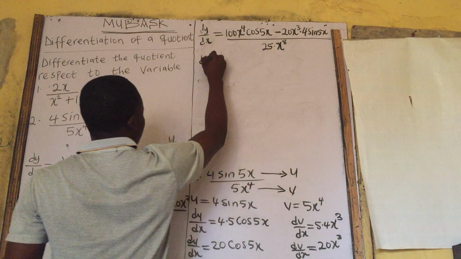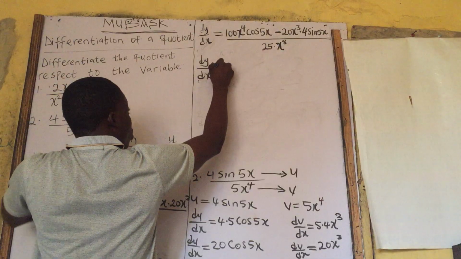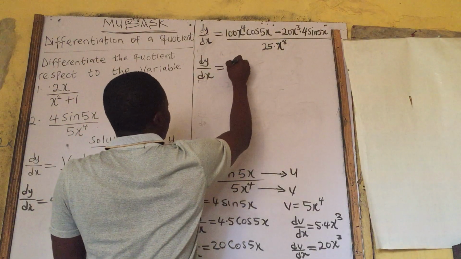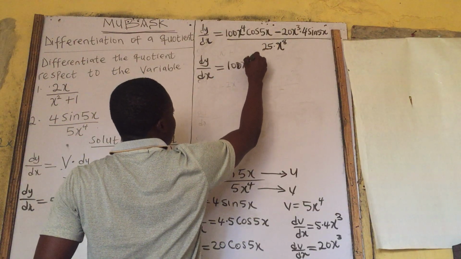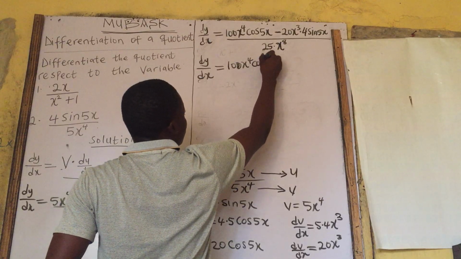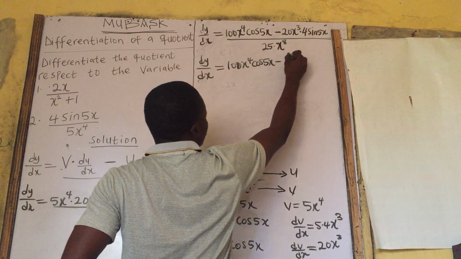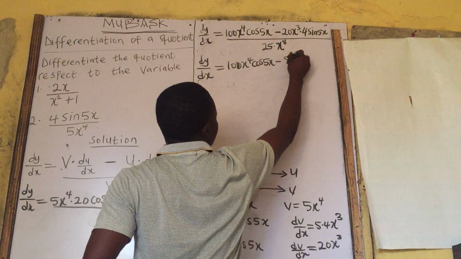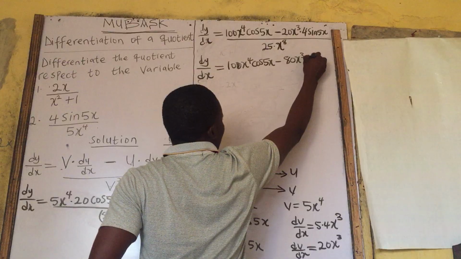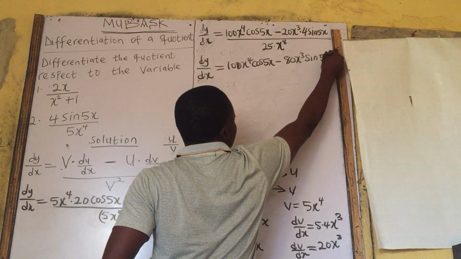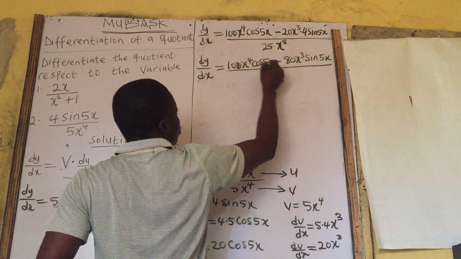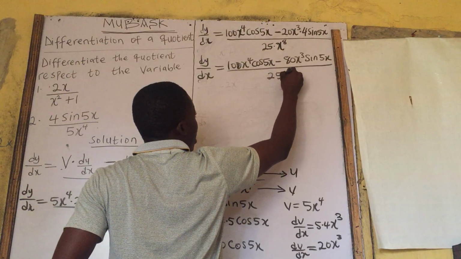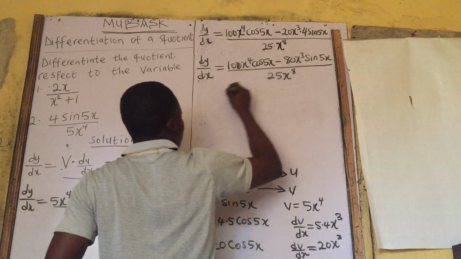Now, dy over dx equals 100x raised to power 4 cos 5x minus 20 times 4, which is 80x cubed sine 5x, all divided by 25x raised to power 8.